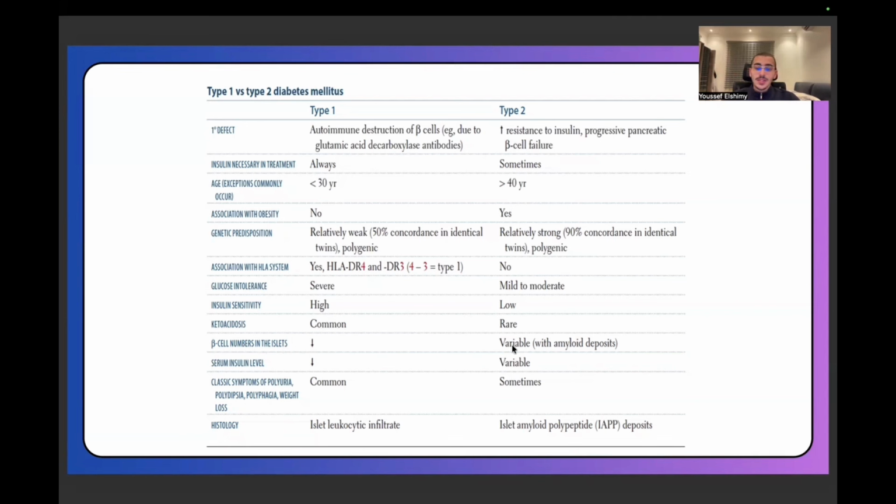But at the end stage, the beta cells are going to die if you don't treat it or go with lifestyle modifications. Regarding the serum insulin level, it would be decreased in type 1. In type 2, it's variable. The classic symptoms of polyuria, polydipsia, polyphagia, and weight loss are more common in type 1. In type 2, we usually see them obese and they don't have these classic symptoms.